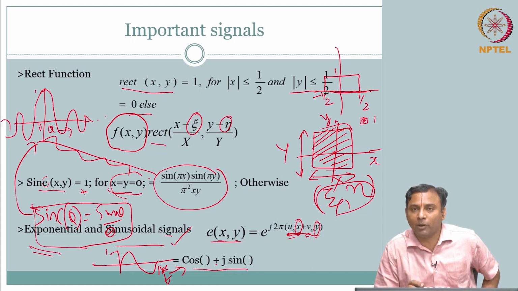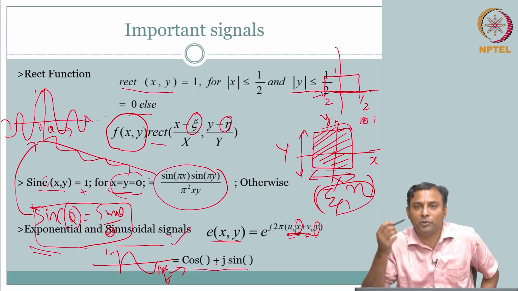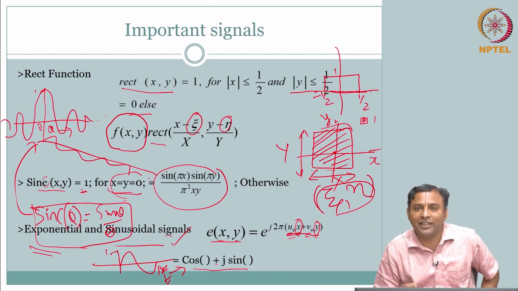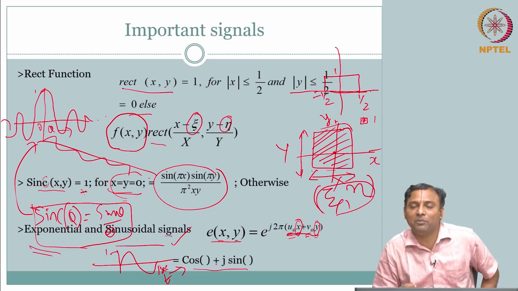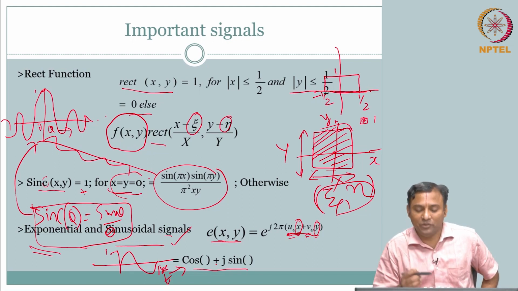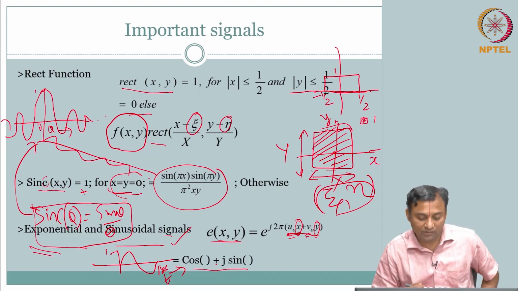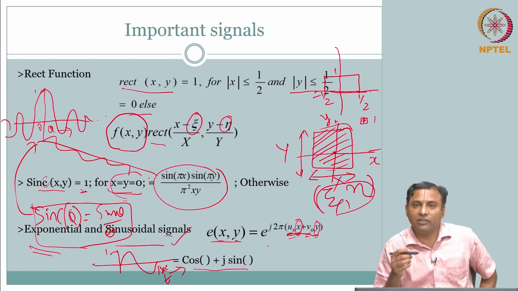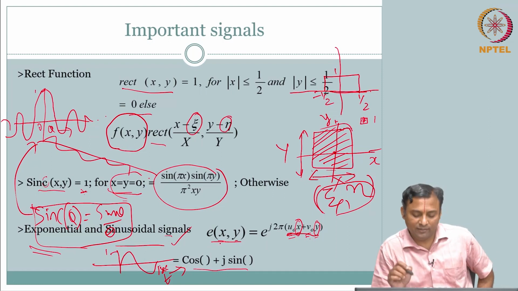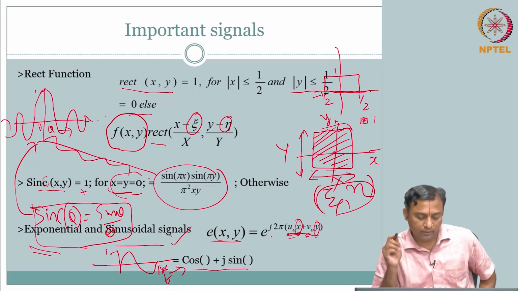In one dimension, probably you would have even memorized these formulas, e power ix plus e power minus ix, e power ix minus e power minus ix, right, you will get cosine or sine. So, similar things you can do here. So, the objective here is that exponential is very powerful because you can represent one or the other. You do not worry about the phase, you can have sine or cosine, both.